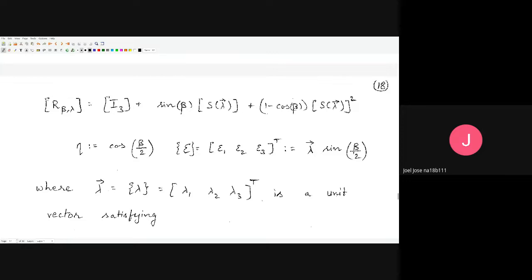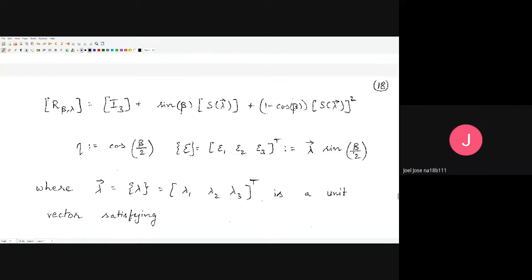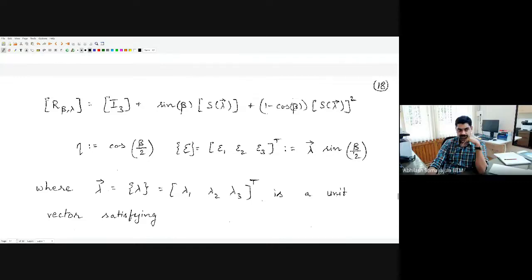There is one frame that we'll be transferring to the target frame, orienting to the target frame. So with respect to which frame will we define the axis of rotation? Actually it doesn't matter, because the orientation of the axis of rotation doesn't change, right?